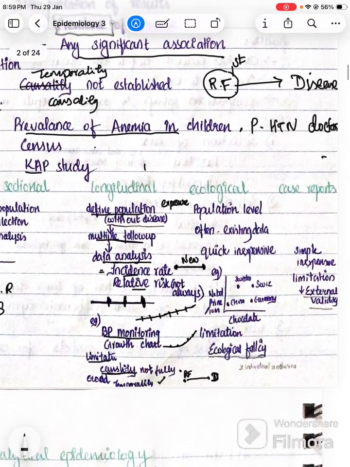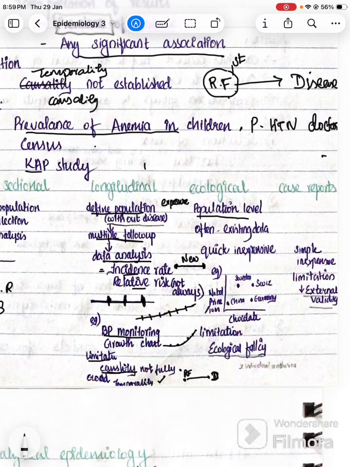Now, ecological study is at population level. For cross-sectional and longitudinal studies at the individual level, we are going to measure blood pressure or ask for data individually. But in ecological studies, as a group, we are going to see. We are going to compare. So often it uses existing data, documents we are going to review for this study.